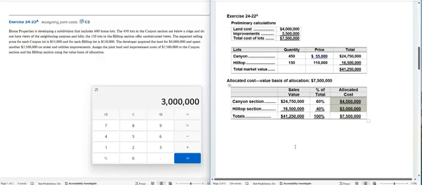We're going to allocate the joint cost to the products, $4.5 million to Canyon, $3 million to Hilltop. Right, so that is going to help us price those lots better when we have a good idea of what the true cost of those lots are. Okay.